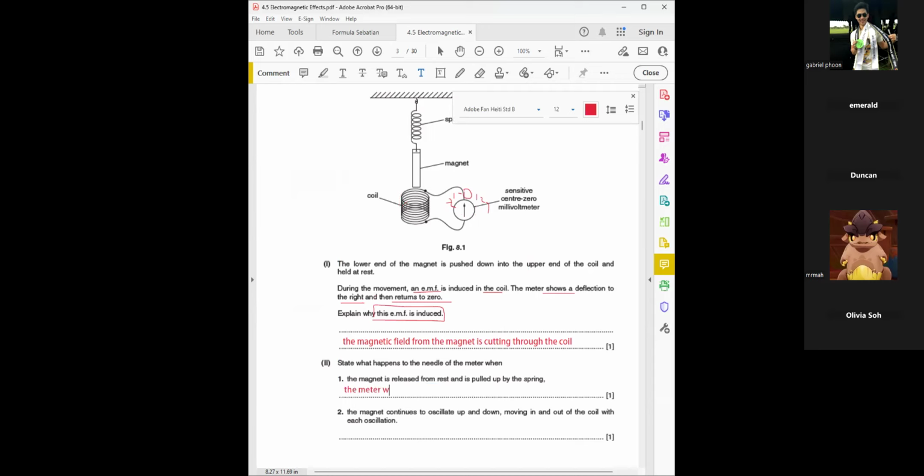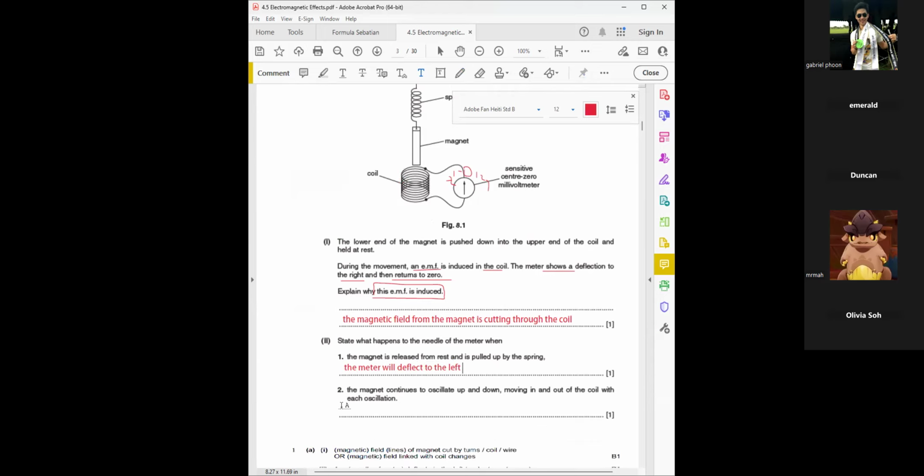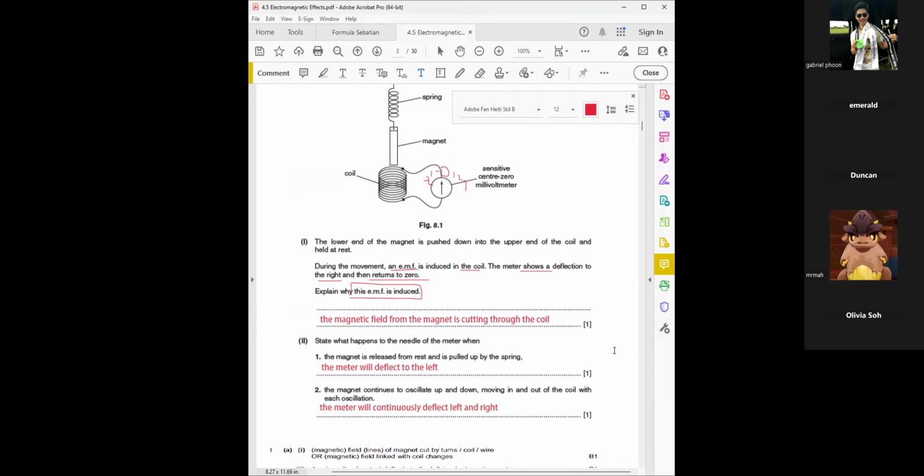To the left, sorry. Yes, very good. It will deflect to the left because it's a different direction of the current and magnetic field already. Then they say the magnet continues to oscillate up and down, moving in and out of the coil with each oscillation. Then what's going to happen to the meter? The meter will continuously deflect left and right. And bang, you get your marks already. Easy.